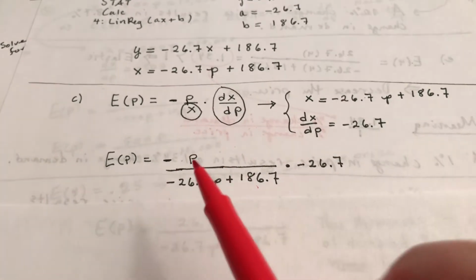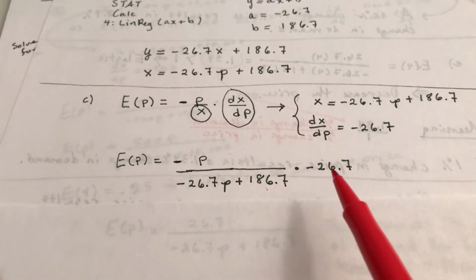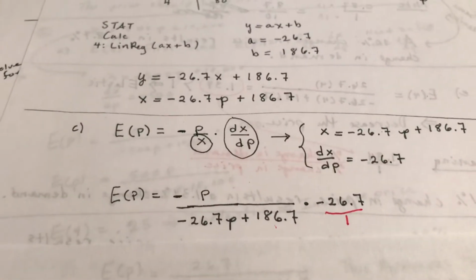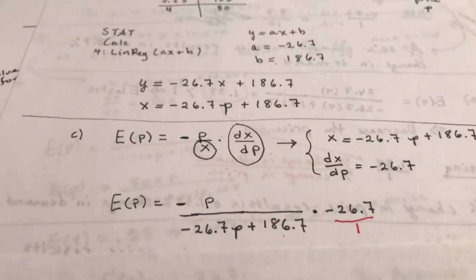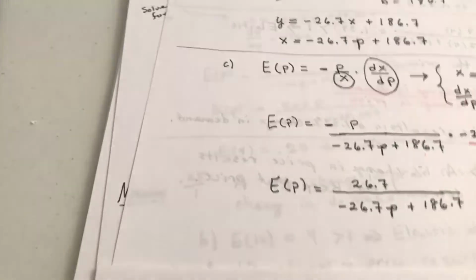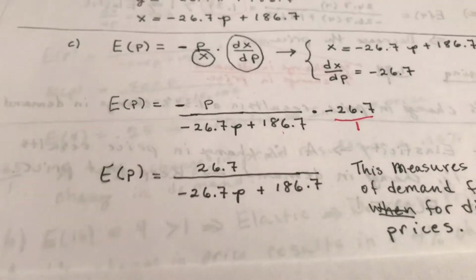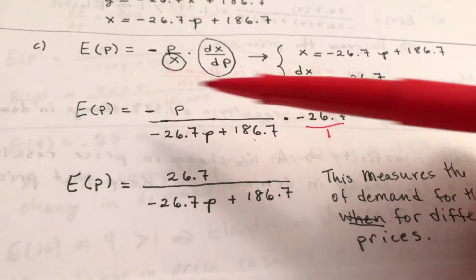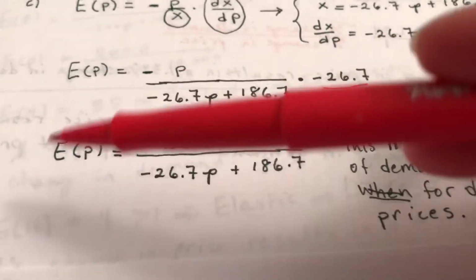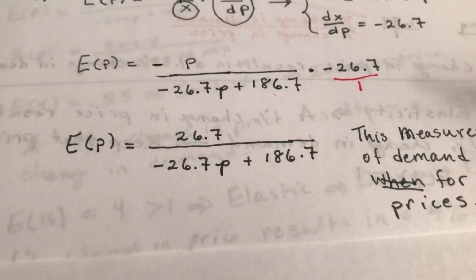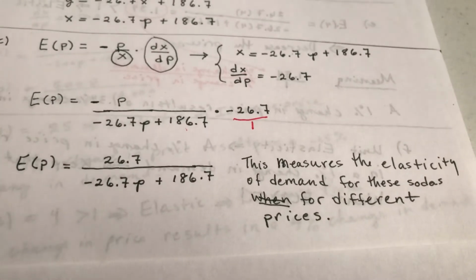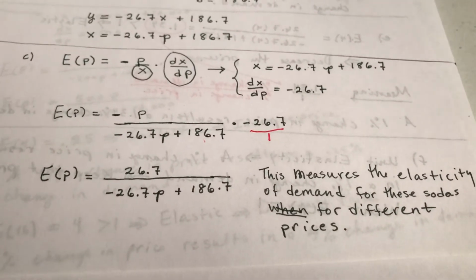Now I'm going to simplify this. I'm going to put the negative P and the negative 26.7. See, this is just over 1, right? So all I can do is multiply the numerator and the denominator, and that will give me 26.7, because a negative times a negative is a positive, and I get 26.7P over this, and this is your equation, your E of P. And I wrote over here, this measures the elasticity of demand for these sodas for different prices.